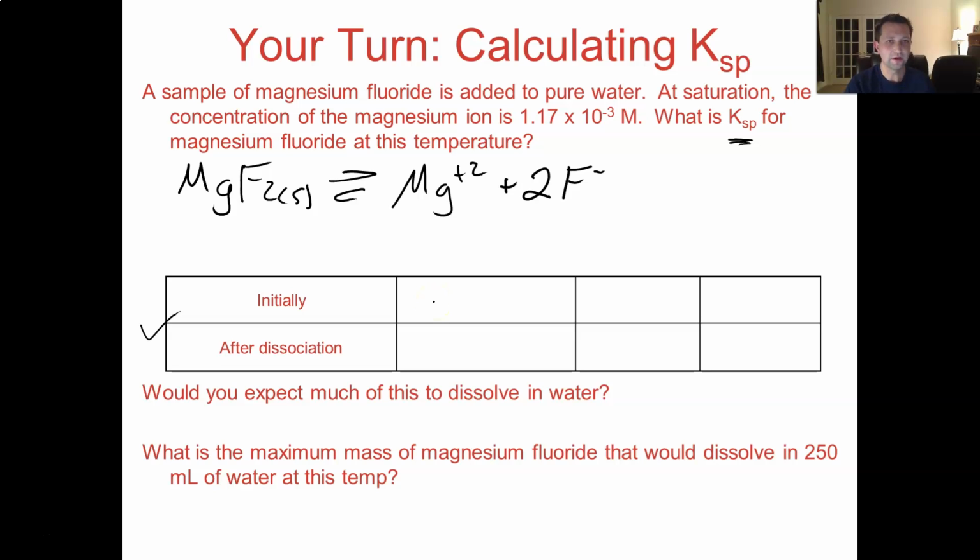So we have 2 fluoride ions over here, and then 2 dissociated fluoride ions over here. So what's the Ksp expression look like? Concentration of Mg2+, concentration of F- squared. Okay. Again, MgF2, for the millionth time, is not in the expression. It's a solid. Okay, don't make that mistake.